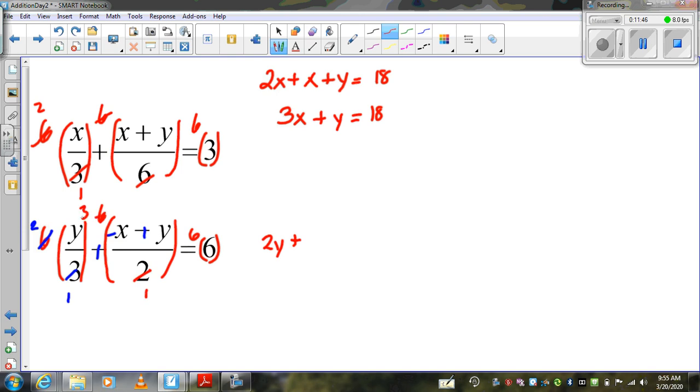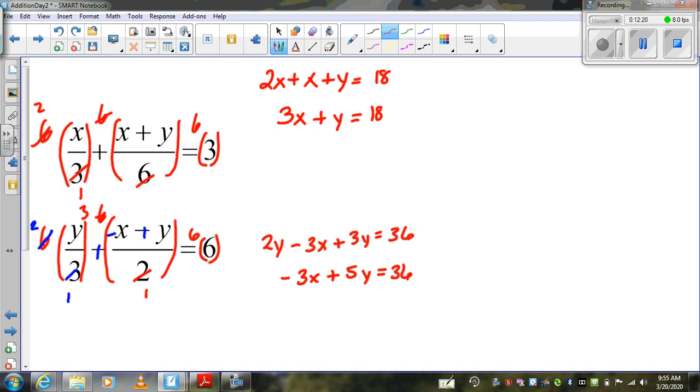So now I got to distribute here. So 3 times negative x gives me negative 3x. 3 times positive y gives me plus 3y is equal to 36. I think I'm going to combine my like terms and at least get it in the same order as the other one. So I think I'm going to start with negative 3x plus 5y is equal to 36.